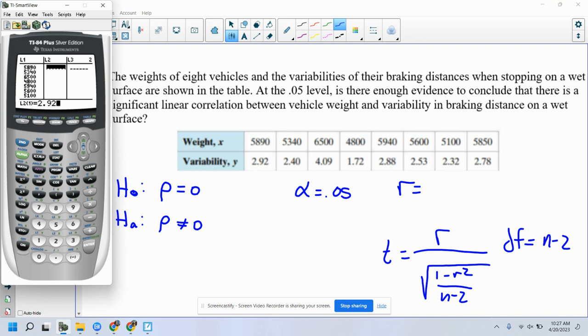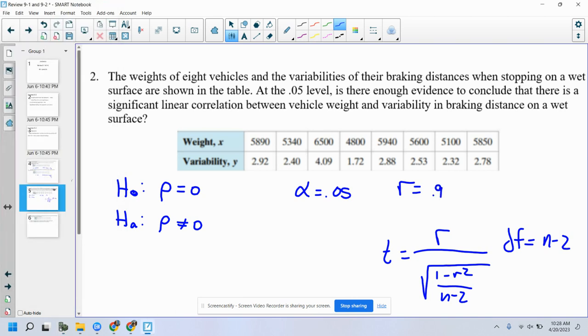And then 2.92, 3.9, 1.72, 2.88, 2.3, 2.32, 2.7. All right, so now I'm going to run my regression. Stat calc 4. And that gives me my R value of 0.955. And that's all I need to do to create my t-score.